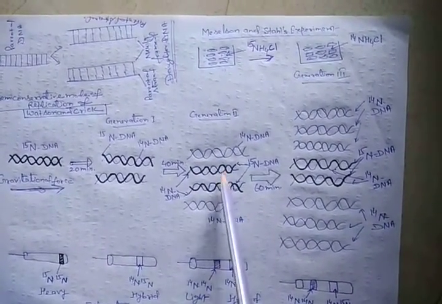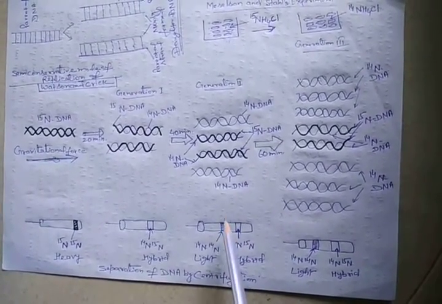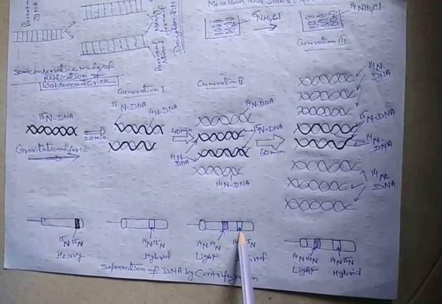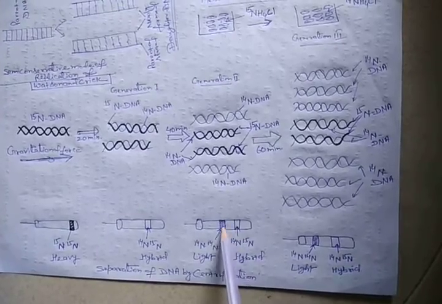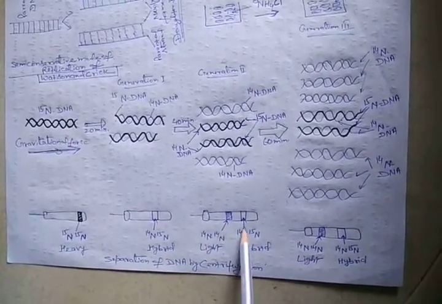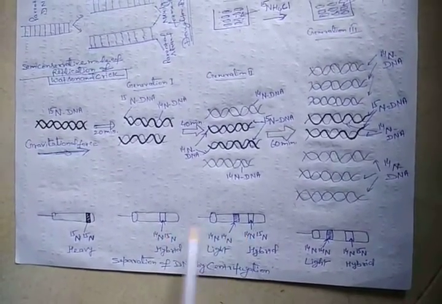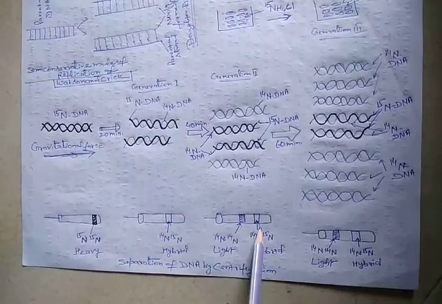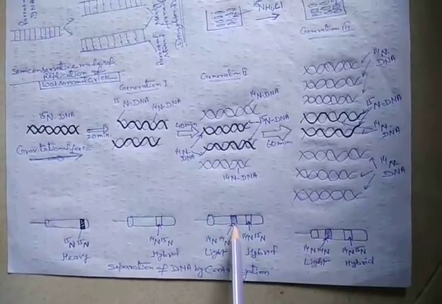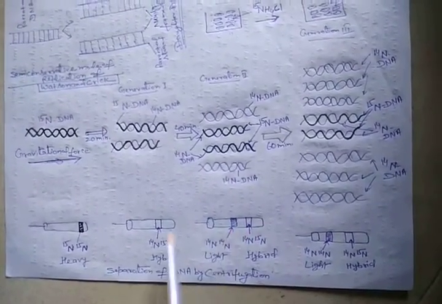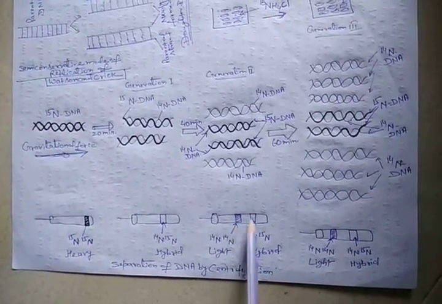When it was centrifuged, they observed that the DNA settled at two positions. There are two sediments of DNA: one at the same level as the first generation, while the other type settled still higher than the first generation, which means it is lighter than the first generation.